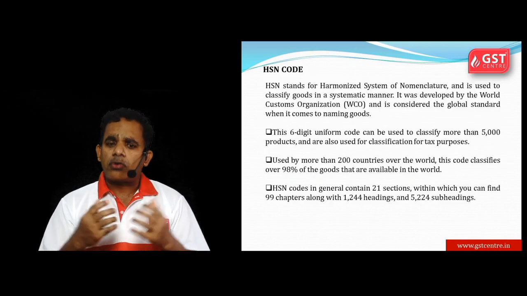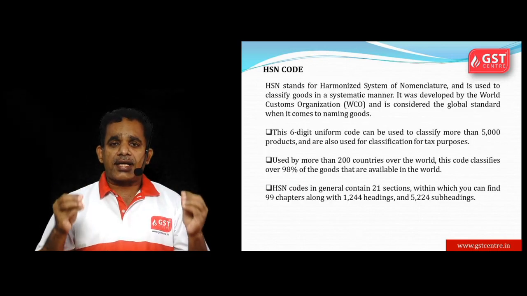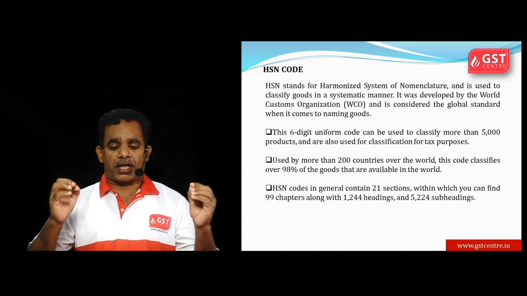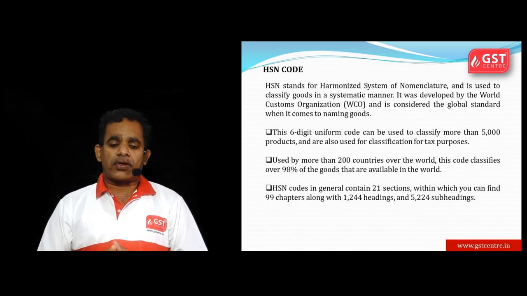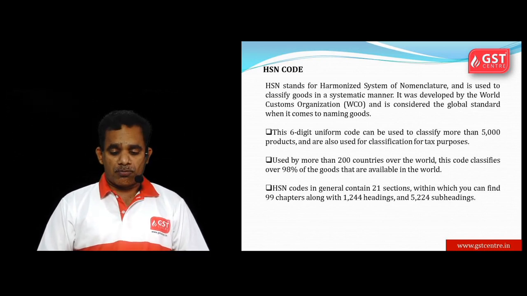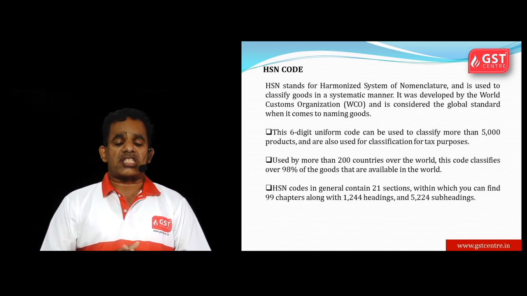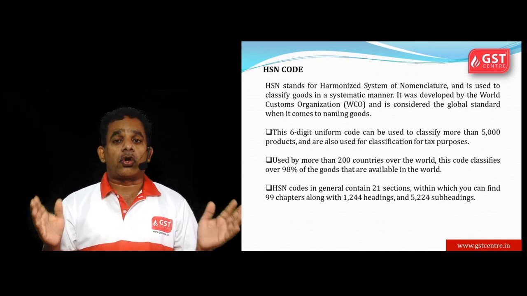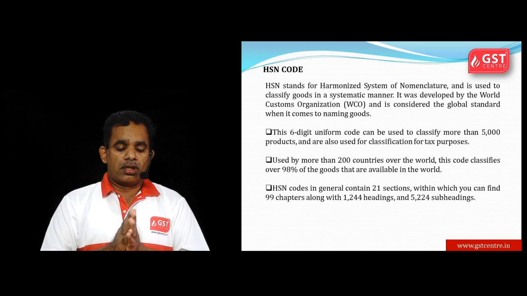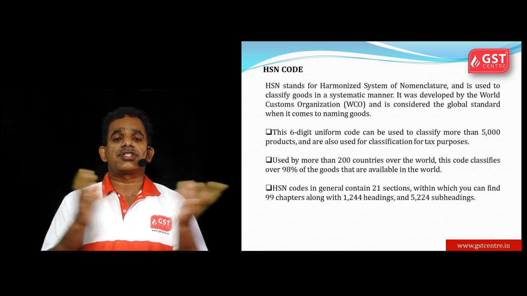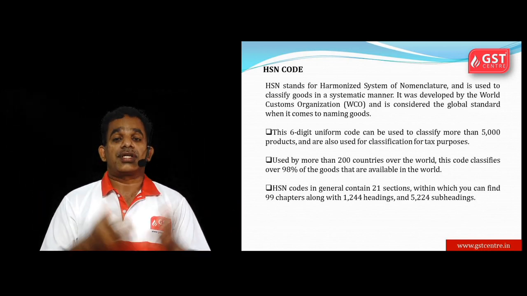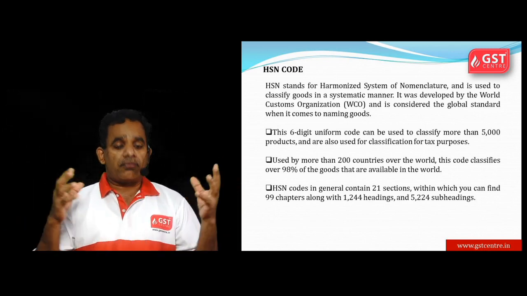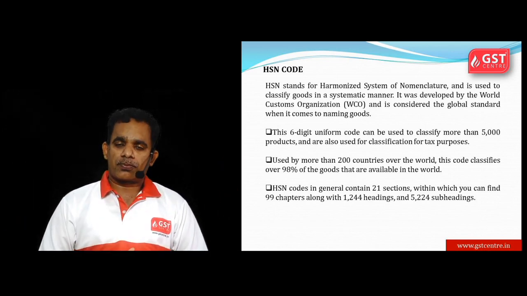HSN code means Harmonized System of Nomenclature, a standard system used to classify goods in a systematic manner. It was developed by the World Customs Organization, WCO, and is considered a global standard. There is a 6 or 8 digit uniform code across the nation or across the world among 5,000 products.